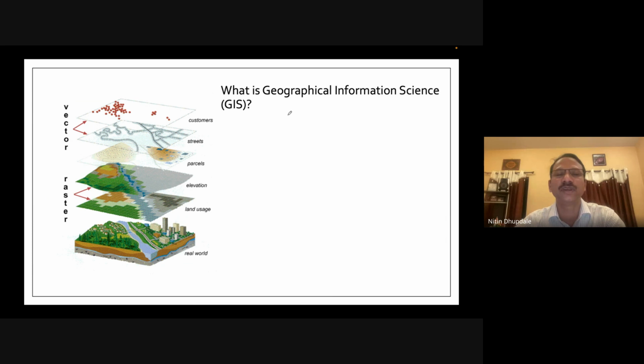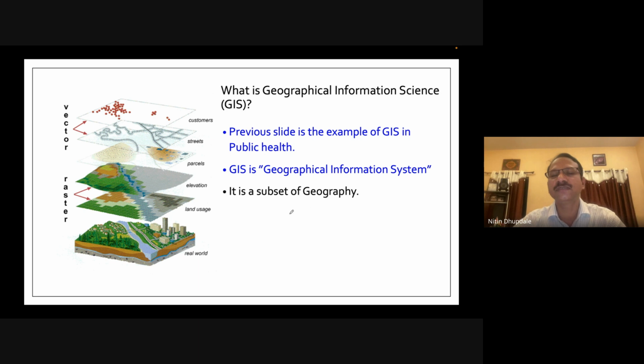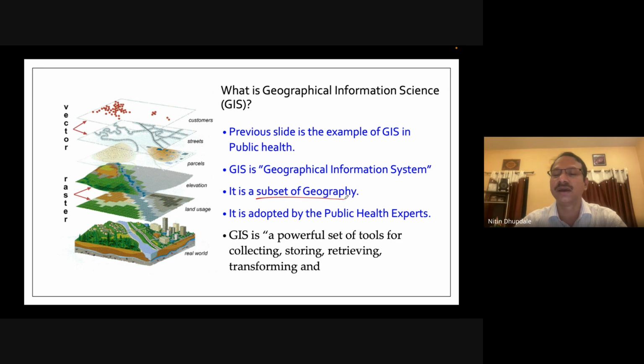In spatial epidemiology, GIS has a very important role. So what is GIS? GIS is geographical information science or system, because some people call it science, some people call it system. Most people call it system. So GIS is a geographical information system. It's a subset of geography, a discipline developed by geographers, and we as public health experts are using that functionality for our purposes.